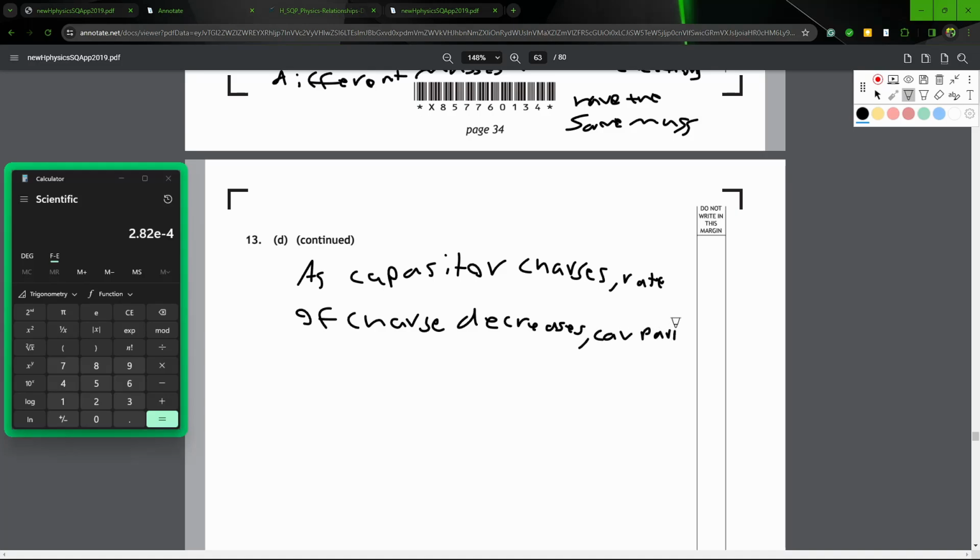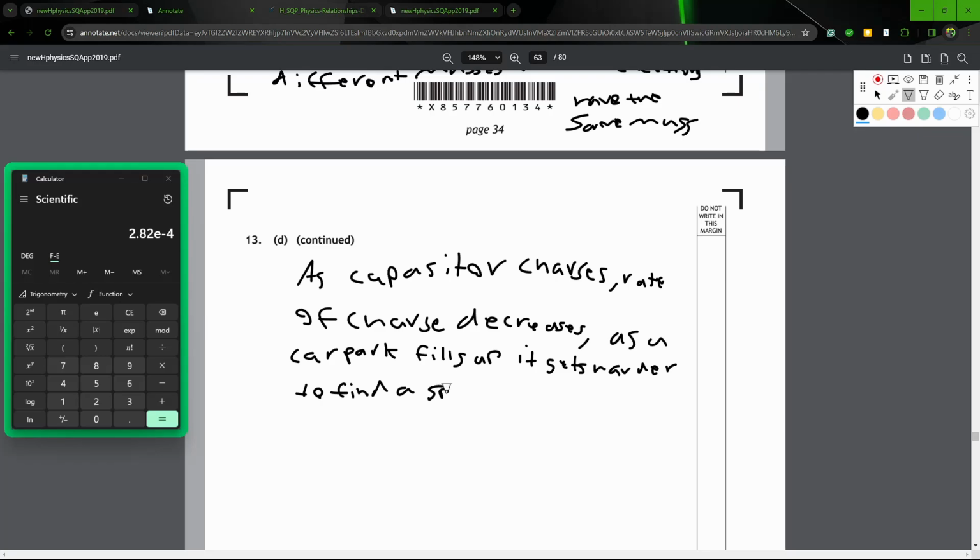As a car park fills up, it's harder to find a spot, so that reduces the rate of filling up.